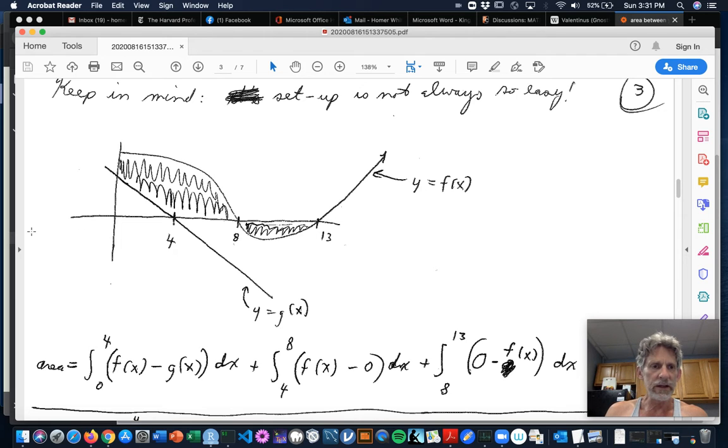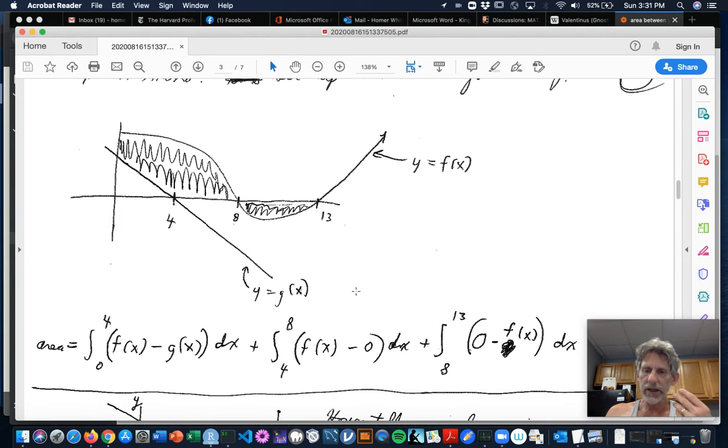And you've also got the x-axis itself. The shaded region is bounded by these three curves: the x-axis, the falling line g of x, and also the f of x curve.